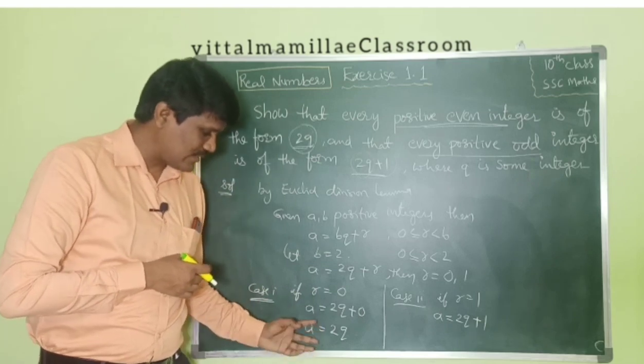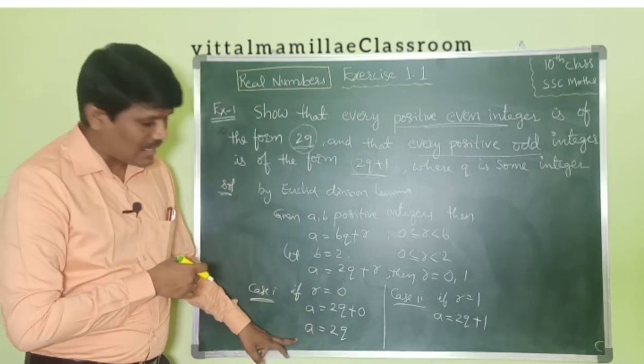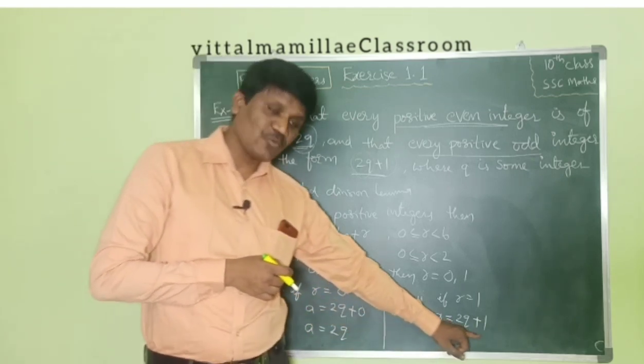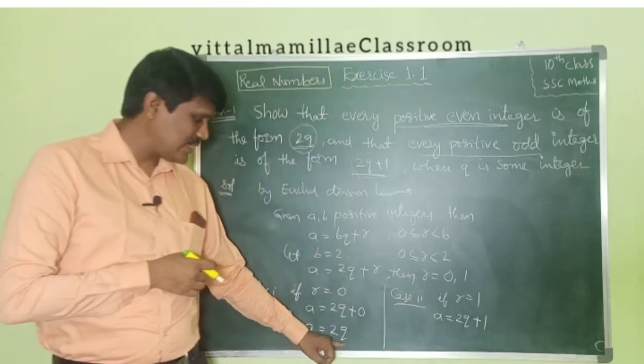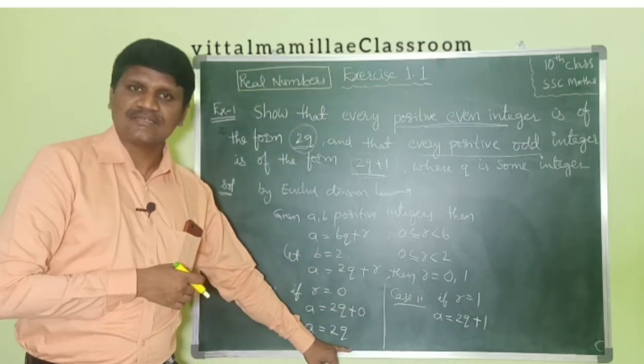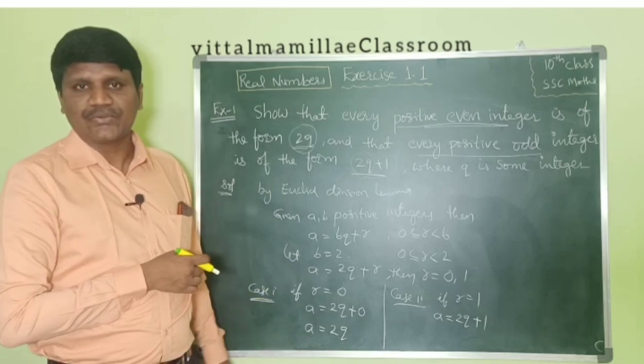So I can write that every positive odd integer is of the form 2q plus 1, and every positive even integer is of the form 2q.